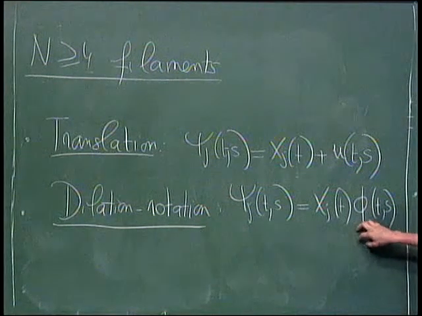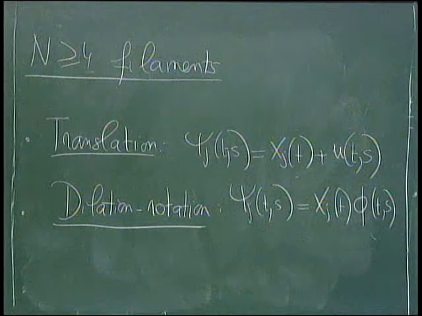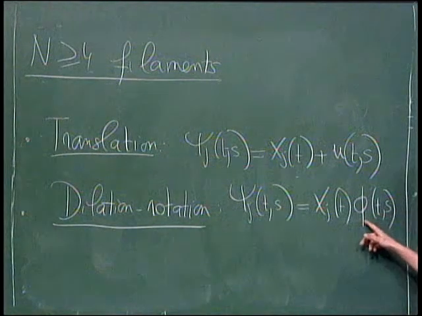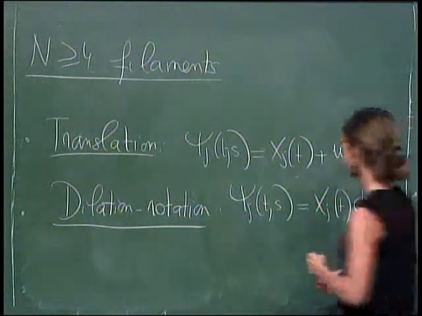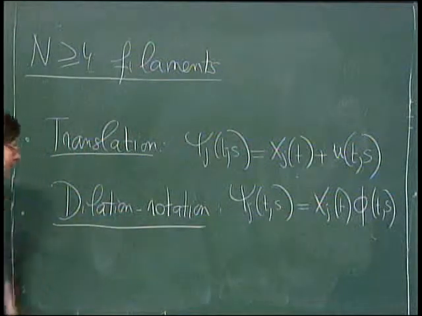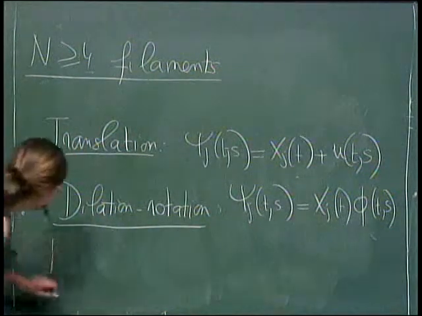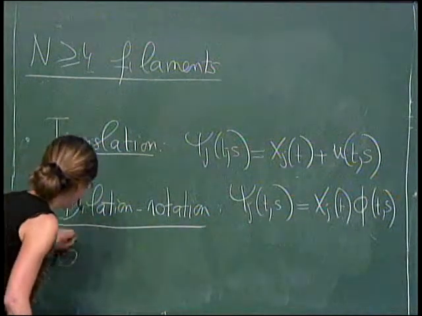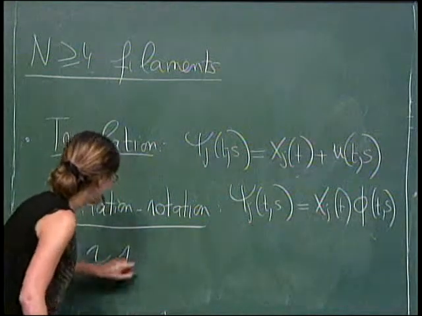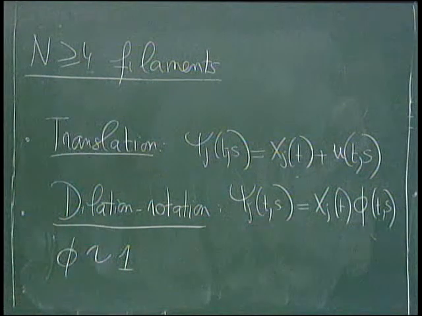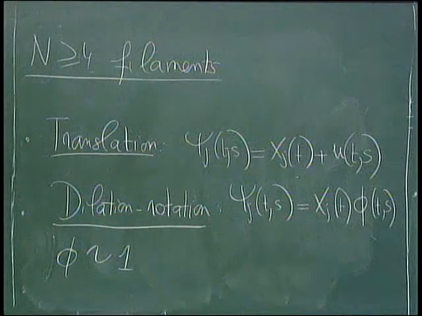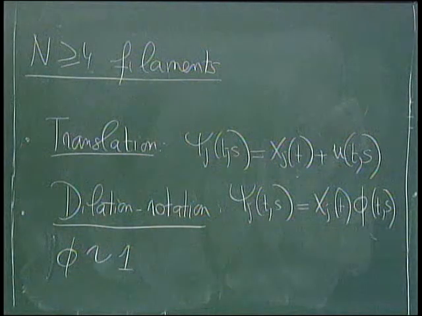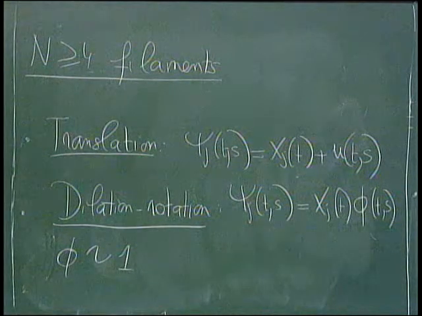So the modulus of phi corresponds to the amplitude of the dilation, to the size of the dilation, and the argument, the phase of phi, corresponds to the rotation of your polygon. And you assume this for all j. So phi should be close to 1 in some sense, because it's the size of the multiplicative perturbation. And then, assuming this, you get a nonlinear Schrödinger equation for the perturbation phi.